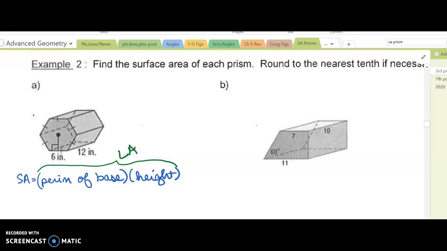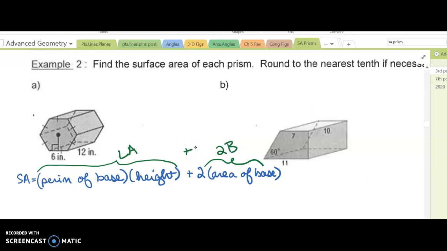It feels weird that you're finding the perimeter of the base in order to find the area of the sides, but that really is how it works, plus 2 times the area of the base. And again, I'm writing this out. You don't have to write out this whole formula if you just want to write plus 2 bases.